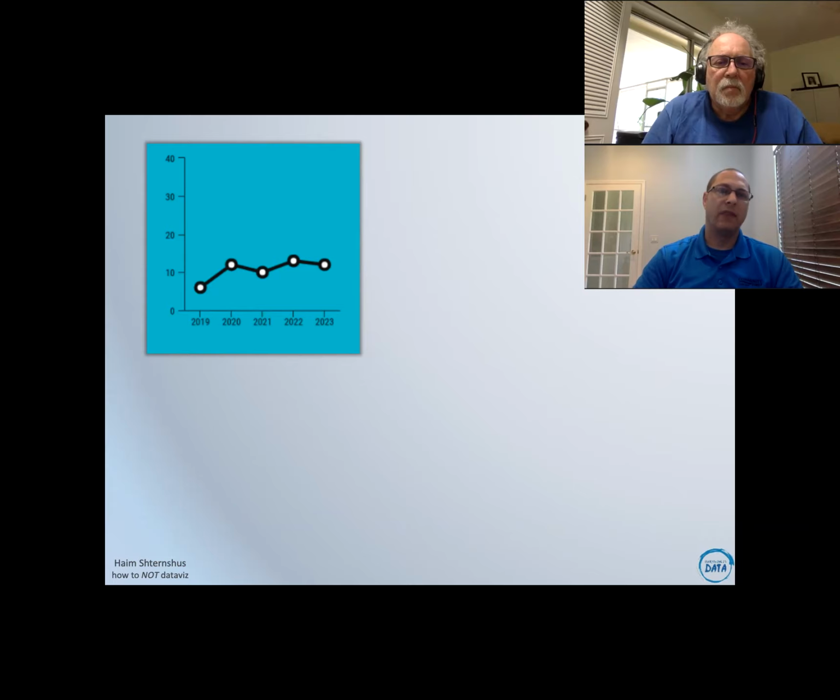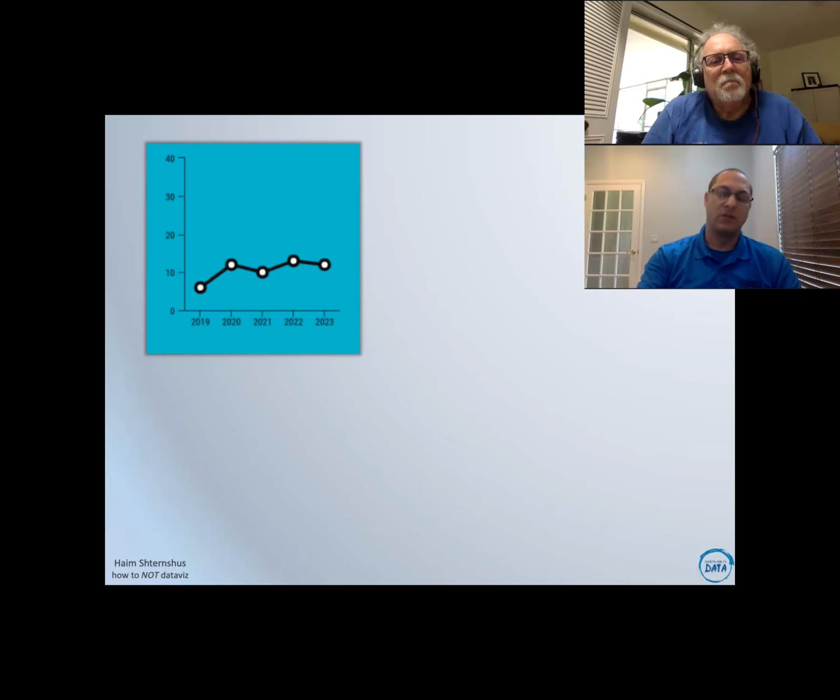But if I'm looking at this graph, what I see is we have a bunch of data that is capped at 14, right? The highest data point we have on this graph is 14, yet the axis goes all the way up to 40. And I don't really have a good explanation of why that is.